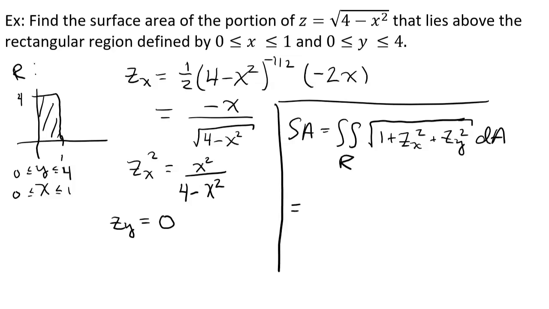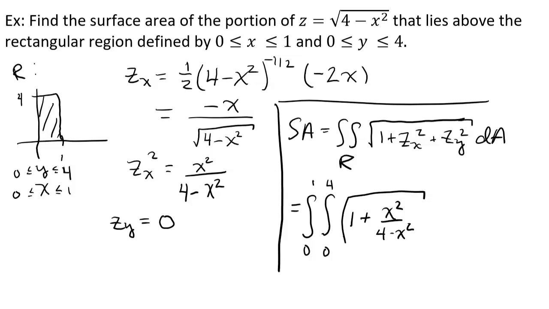So plugging in what we found, we've got the integral from 0 to 1, integral from 0 to 4, of the square root of 1 plus x squared over 4 minus x squared. I put the integral bounds in the order of dy dx. All right, so at this point, our goal is to simplify this integral.